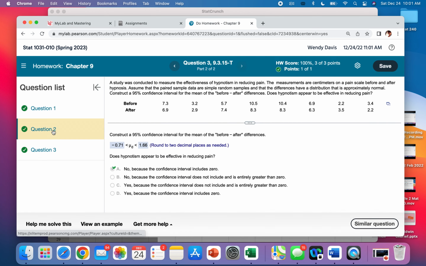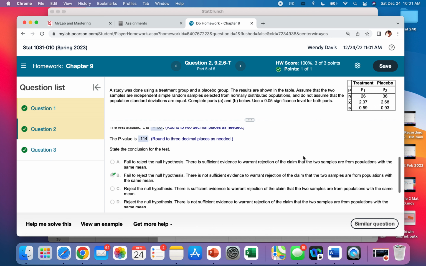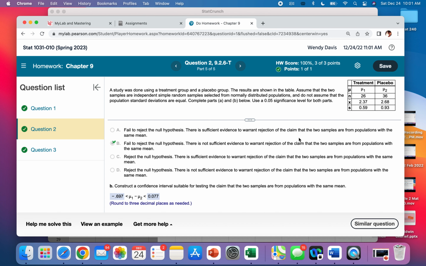Okay, let's make sure we finish number 2. How to find a confidence interval for the two. Since it said 0.05, we're going to use a 0.95 confidence level because 1 minus 0.05 is 0.95.